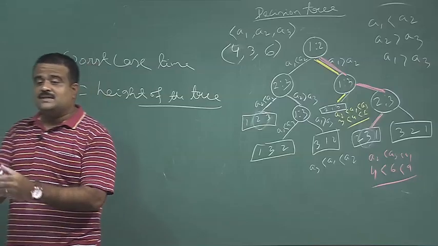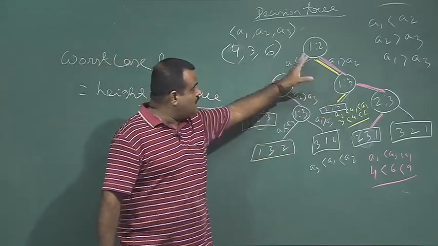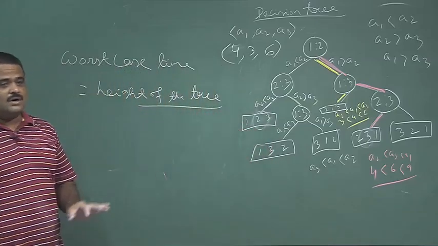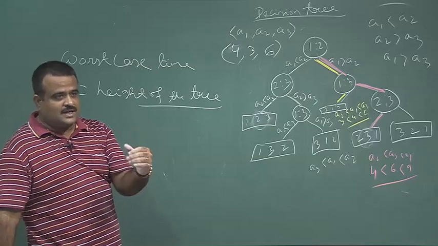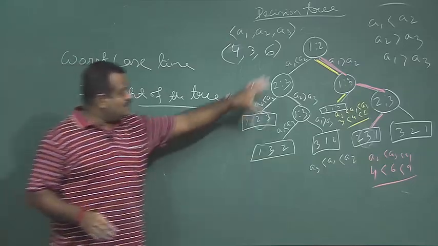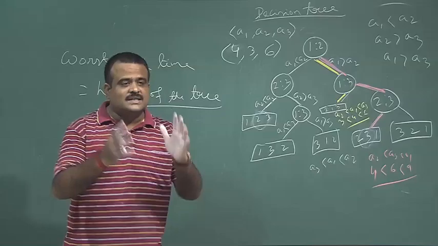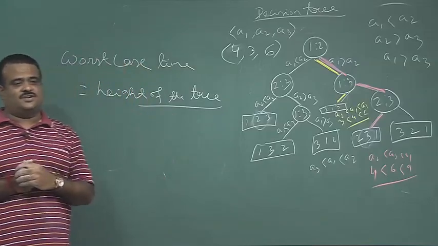So, the worst case of a comparison based sort is basically the height of this tree.